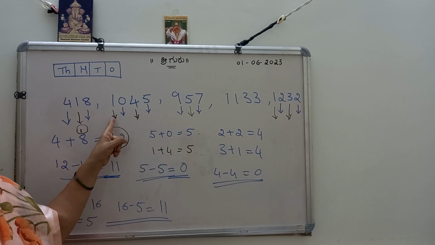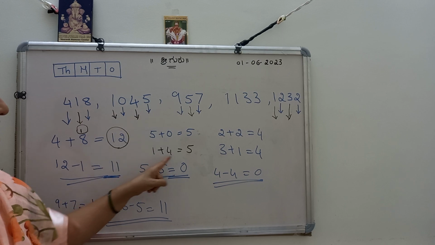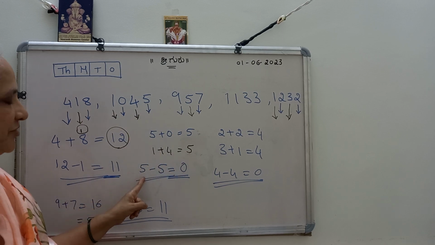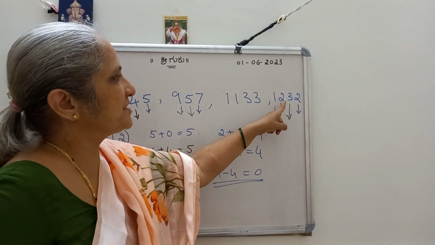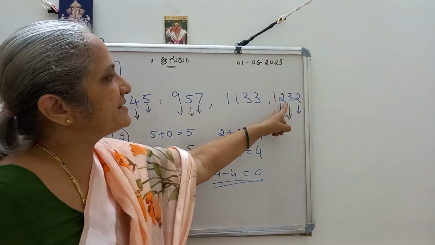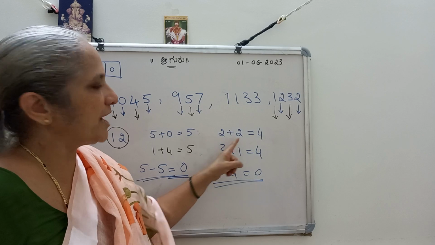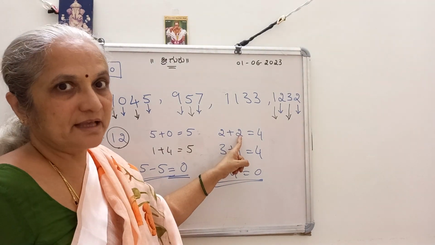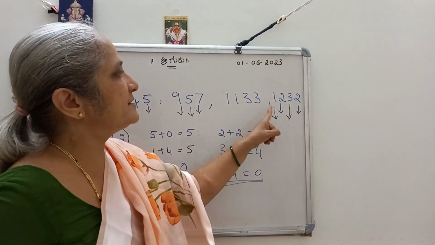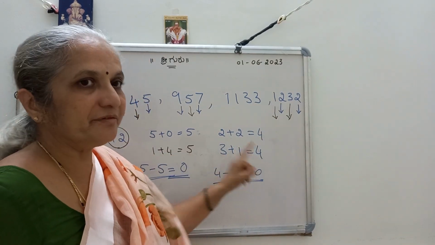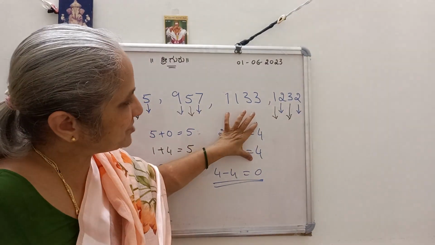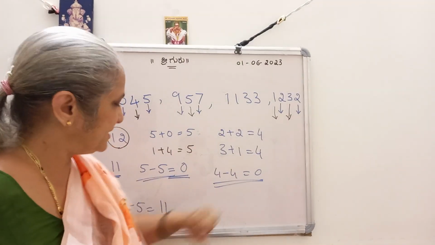Digits in the even places, 1 and 4, if you take the sum, you get 5. And if you take the difference, it is 0. And this number, 1232. Digits in the odd places are 2 and 2, so taking the sum, we get 4. Digits in the even places are 1 and 3, so if you add them, you get 4. And taking the difference of these sums, we get 0.